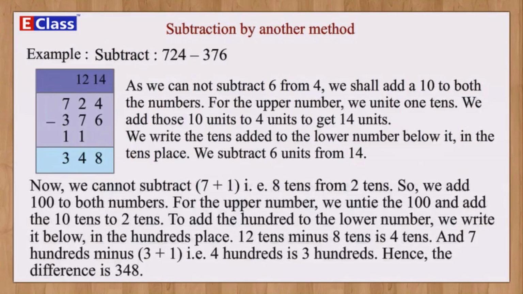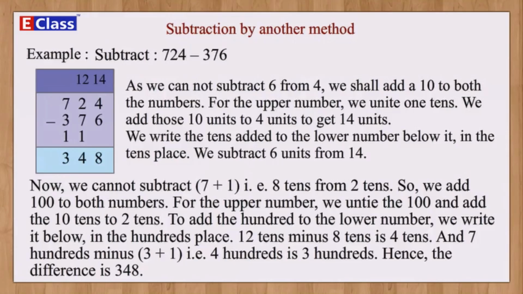Now, 100 to the lower number, we write minus 3 plus 1, that is 4 hundredths, is 3 hundredths. Hence, the difference is 348.